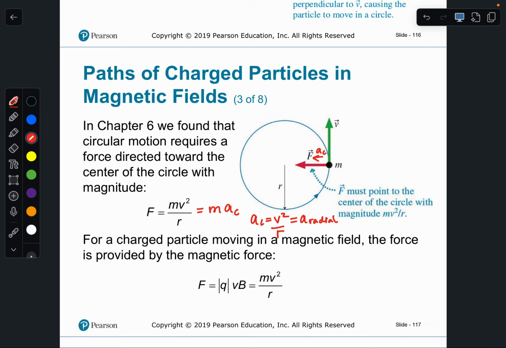So what we're going to do is add up all the forces on that particle, which is only the magnetic force, and set it equal to ma, but our a is going to be the centripetal acceleration v squared over r. This is our radial acceleration, otherwise known as centripetal.